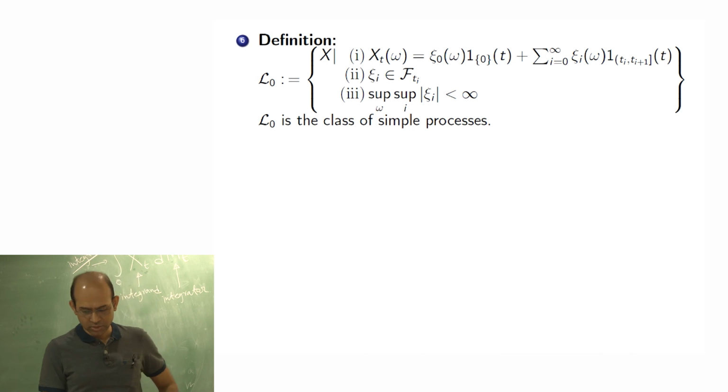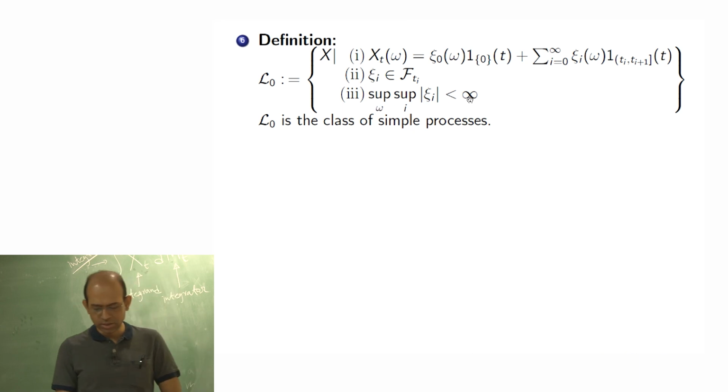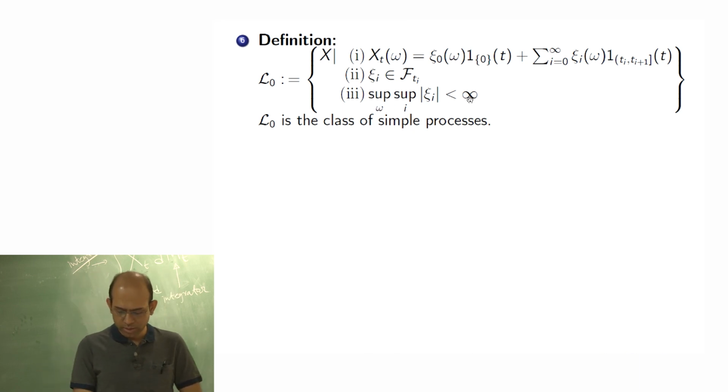As a result, X_t is F_t measurable. Why? Because t is always between some t_i and t_{i+1}, and F_{t_i} is a sub-sigma algebra of F_t. The third thing is that we require xi_i to be a bounded random variable, so the supremum over all i and all omega is finite.